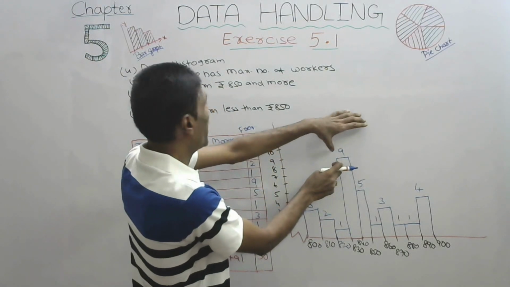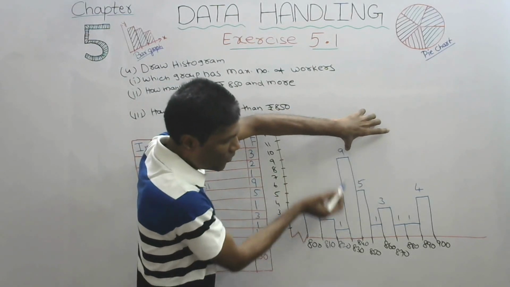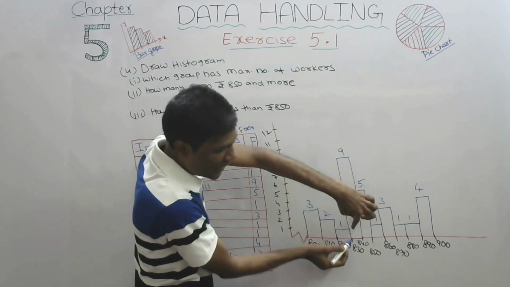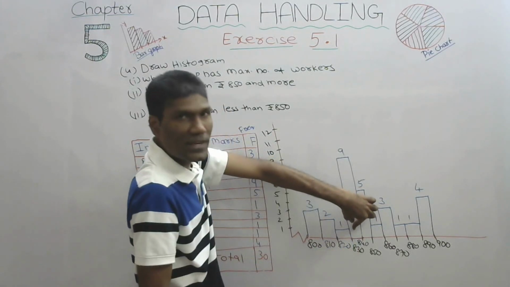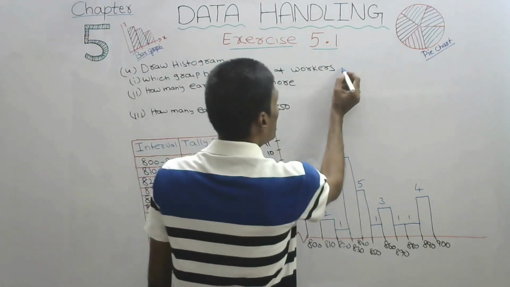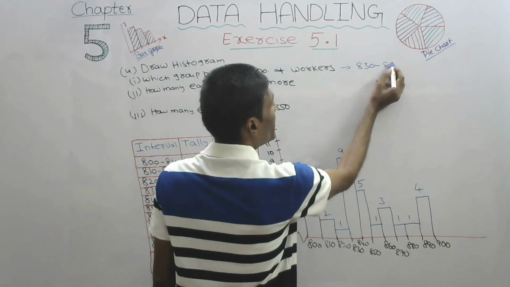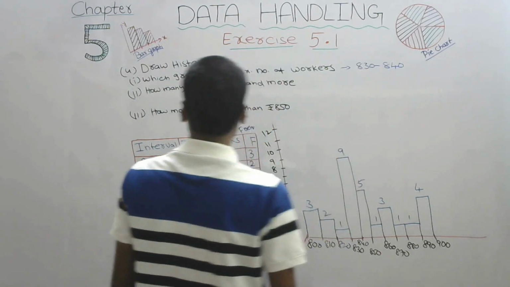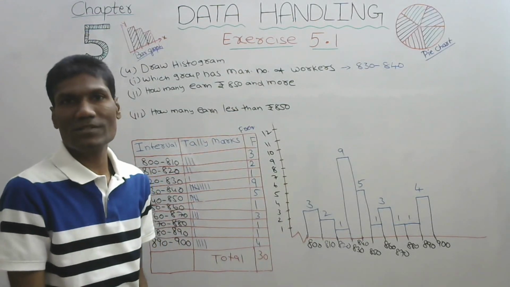So, this is having the maximum number of workers. What is the corresponding value here? 830 to 840. See here, this is from 830 to 840. So the group is 830 to 840. This group is having the maximum number of workers.